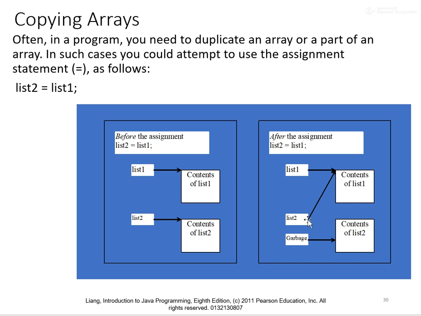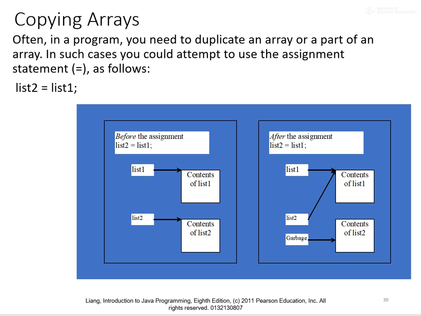So basically you'll have two names, or two references, to the same array, and the previous contents, or the previous array that list2 was pointing to before this statement executed, will be lost. It will become garbage, and fortunately, since we're talking about Java, Java will deallocate that memory. It will do garbage collection, and those contents will be lost for the purpose of using them in your program.